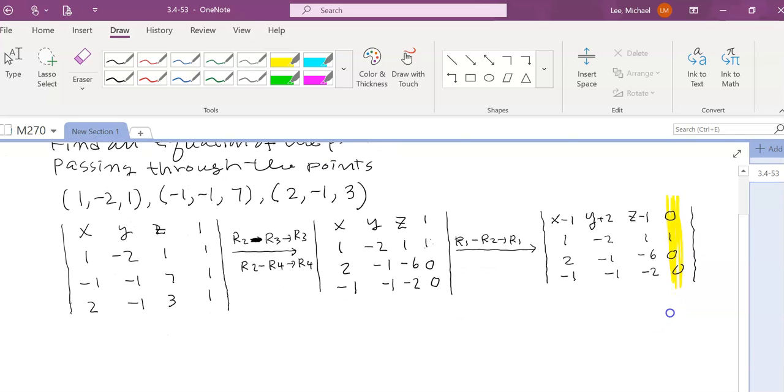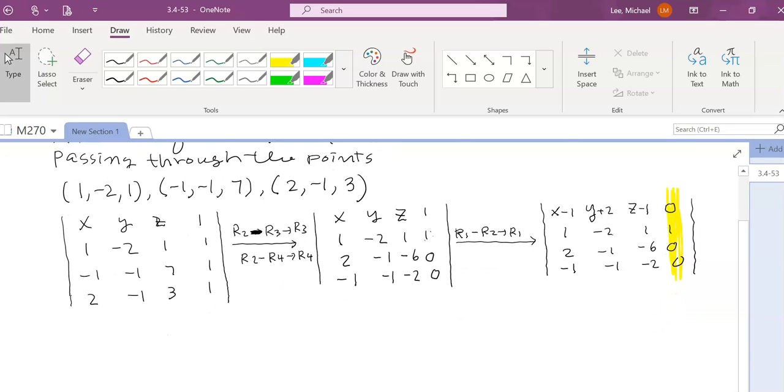Okay. So now the determinant is, now this is 1. So 1 times -1 to the power of row number 2, column number 4, and then the minor of that will be x minus 1, y plus 2, z minus 1.